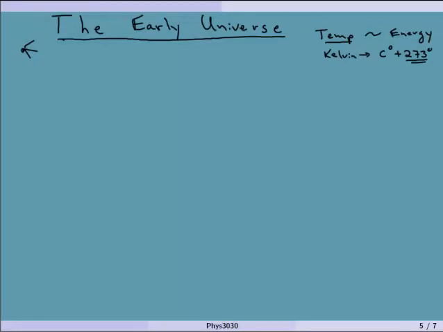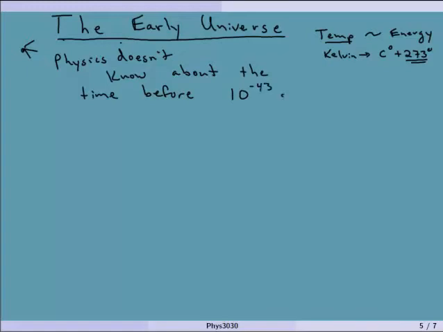Okay, so the idea here is we'll start with the very, very first beginnings, and what I can say is physics doesn't know about the time before, now this is going to seem ridiculous, the time before 10 to the negative 43 seconds.